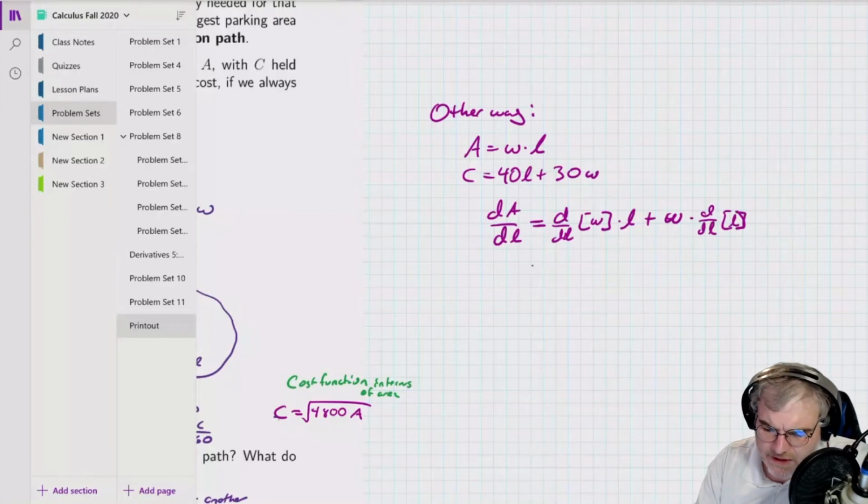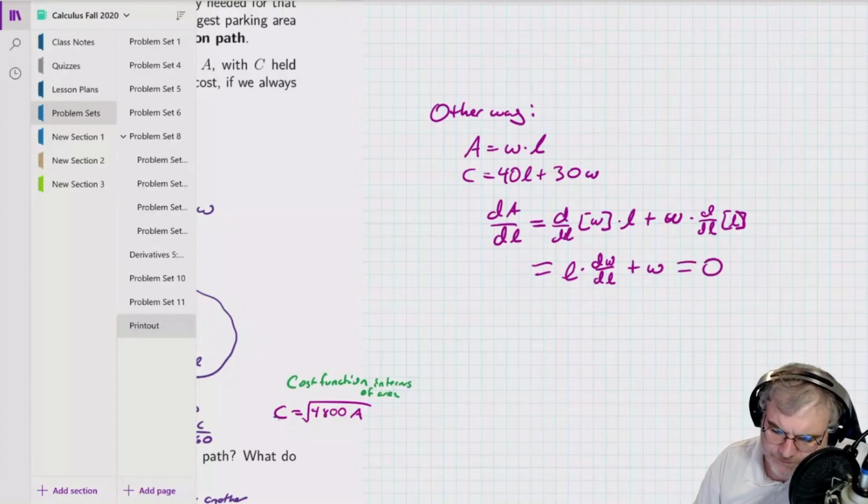So I get L times dW over dL plus W. And I'm setting it equal to 0. And then I get that dW over dL equals negative W over L.